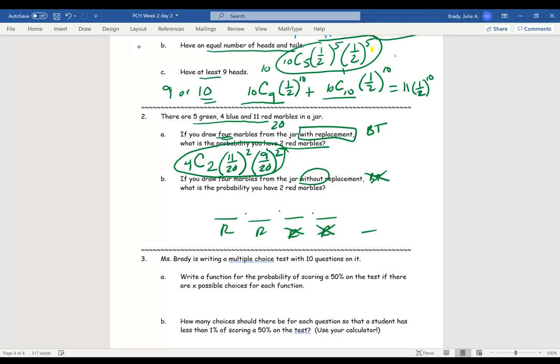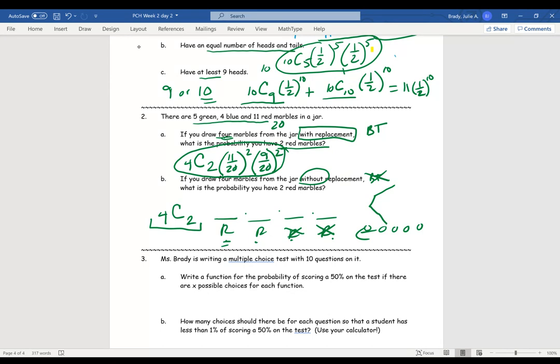But I have to remember that this is literally doing one branch, and I still need my counter, because there are different outcomes that have the same net effect, 2 reds and 2 not reds. So I totally need a counter here, the same as the binomial theorem counter. I have 4 events, and I'm choosing which 2 of them I want to be reds.